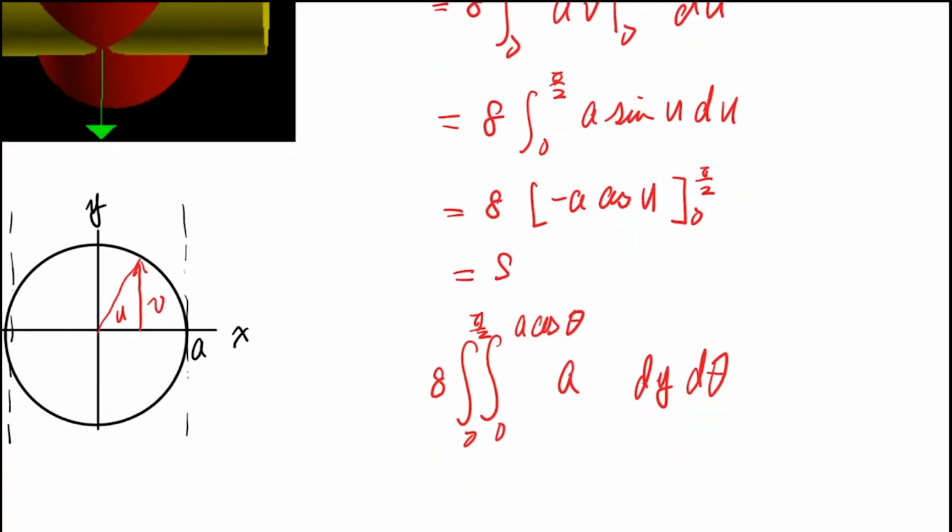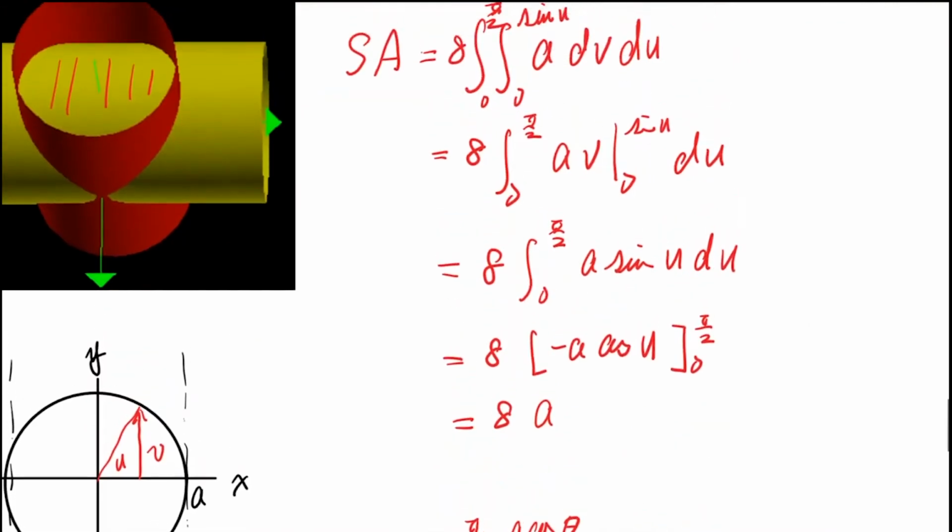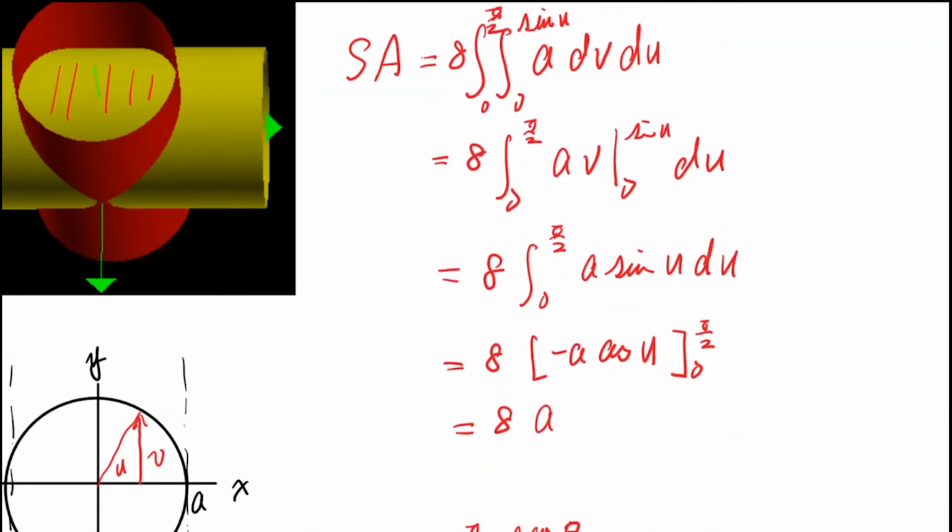And that's where you see, I don't want to delete this just yet. If you plug in pi over 2, you get 0, and if you plug in 0 minus, that becomes a, am I missing a? You said 8a squared, correct?